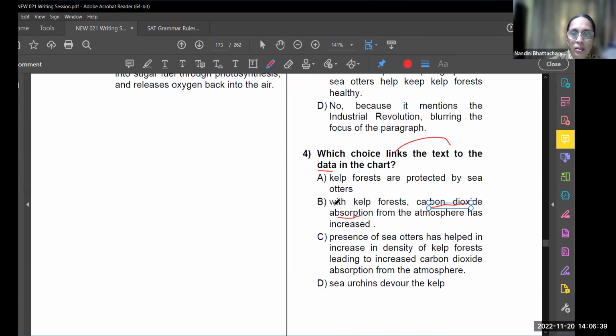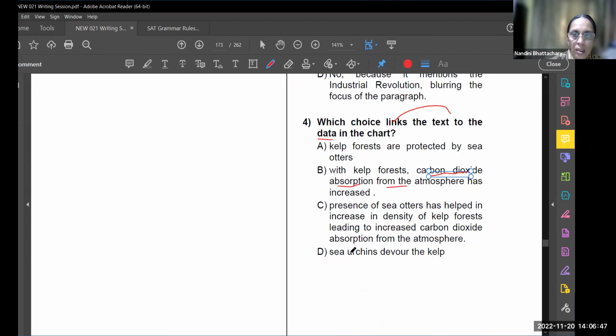Now B, with kelp forest, carbon dioxide absorption from the atmosphere has increased, but this doesn't talk about the sea otters, right? Now C says presence of sea otters has helped in the increase in density of kelp forests. This we can conclude from the data in the graph, right? Leading to increased carbon dioxide absorption from the atmosphere. This is coming from the text.